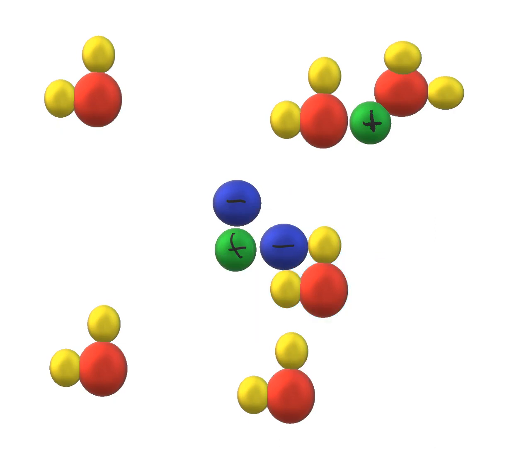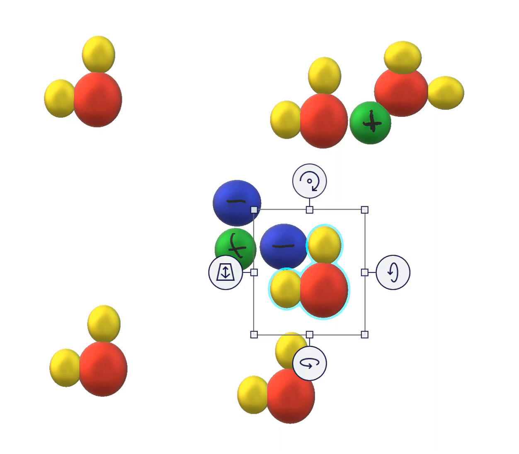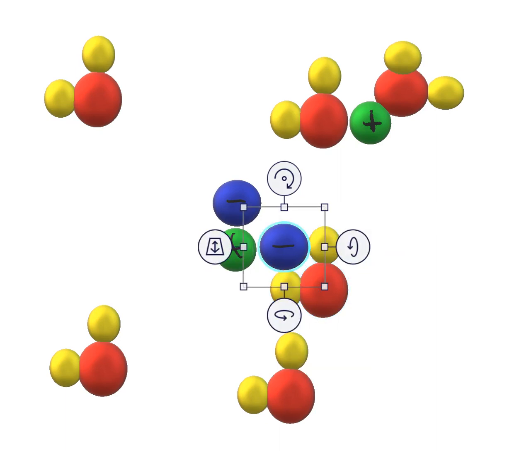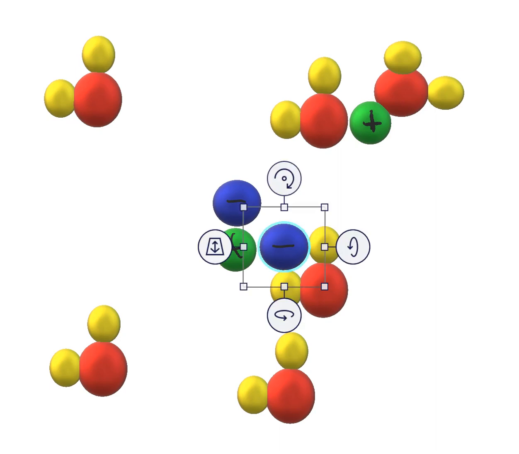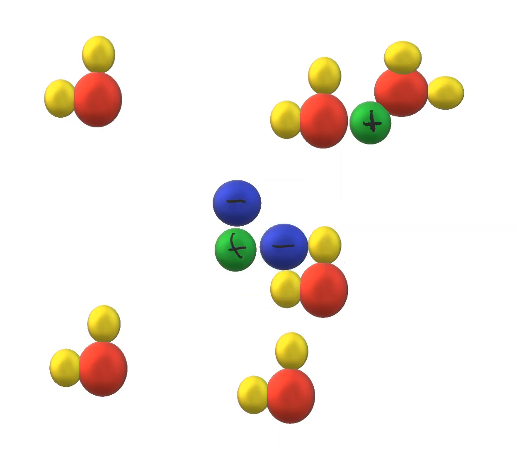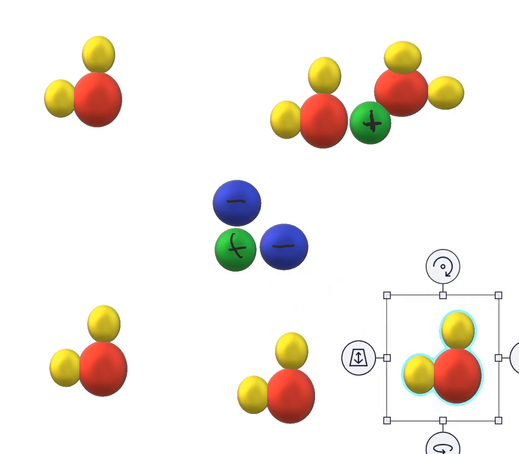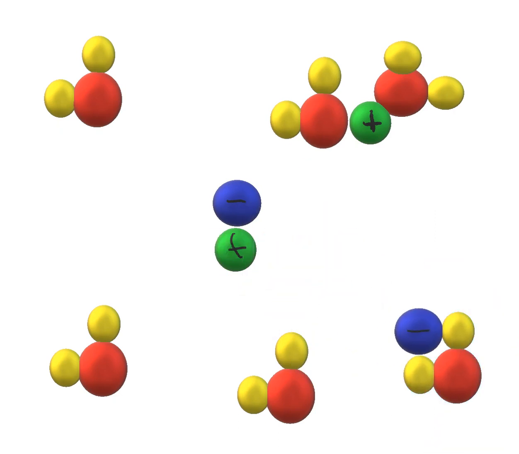If the force of attraction between the water molecule and the ion is greater than the force of attraction between the positive and negative ions, then the water will be able to dissolve this salt, and this salt will be soluble. It will dissolve into the water and it will be surrounded.